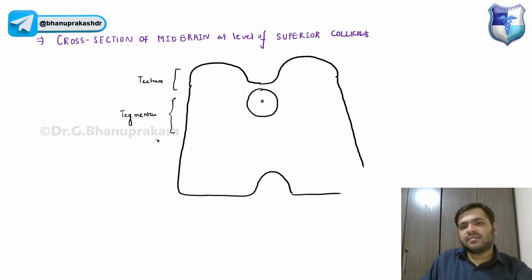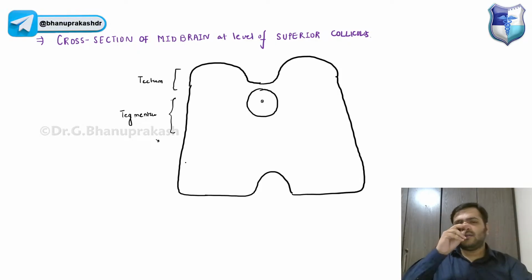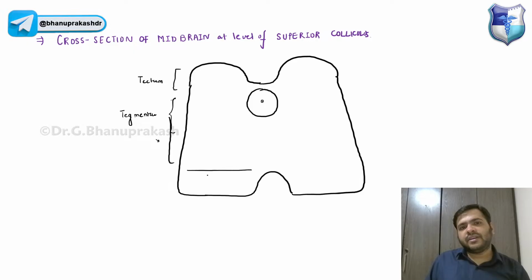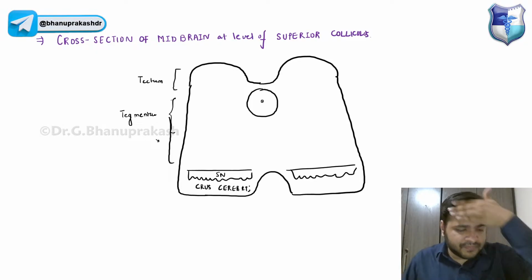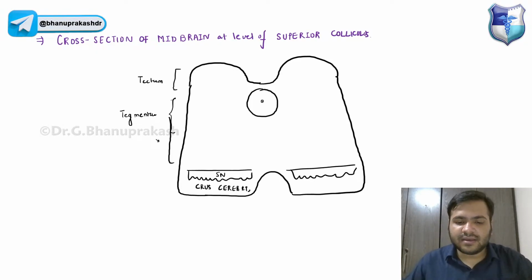It is somewhat like this. So that is the tegmentum, and over here, you already know, we have the substantia nigra, and this is the crus cerebri or the cerebral peduncles, right? That is something you already know, guys.